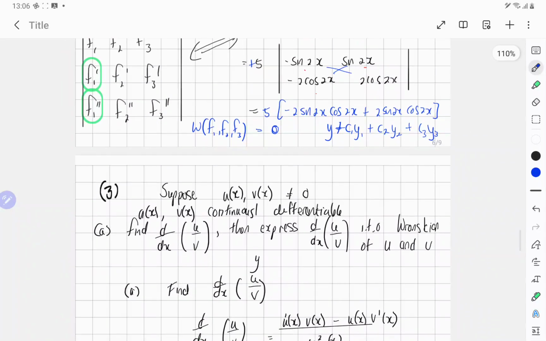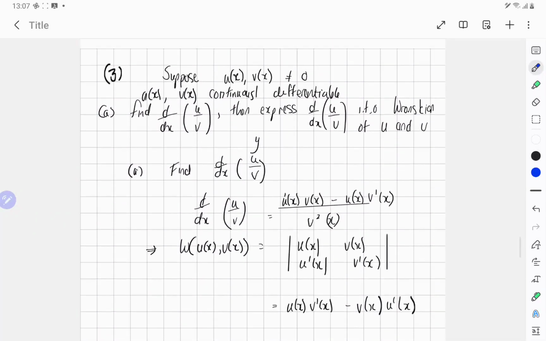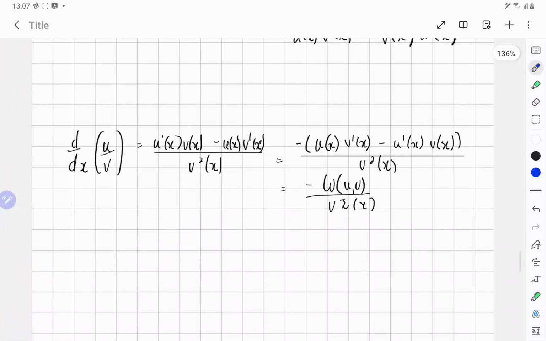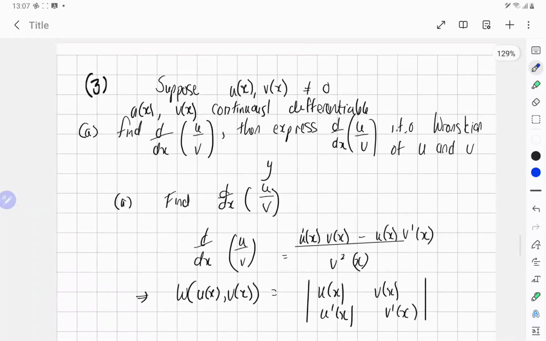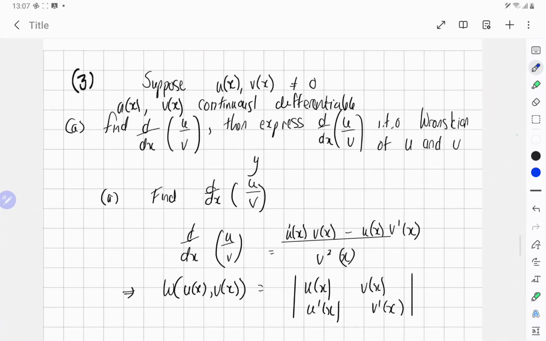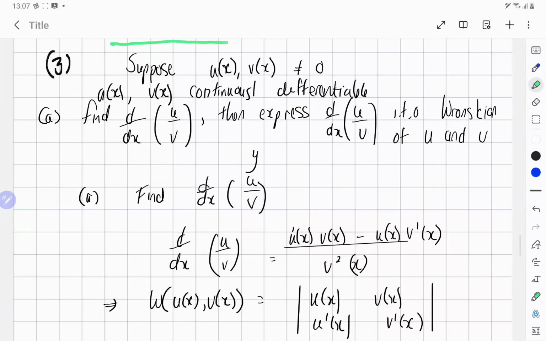Very important. Now, to end off with this video, we are just going to do a more difficult exam type question on Wronskian, linear independence, fundamental set. So let's see what this question is saying. What do they give us? They tell us that we have two functions u and v, and they're not identical to 0, so they're not equal to 0, but they are continuously differentiable.